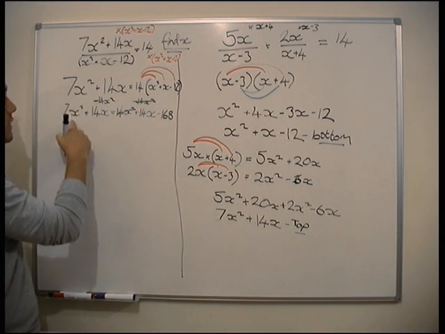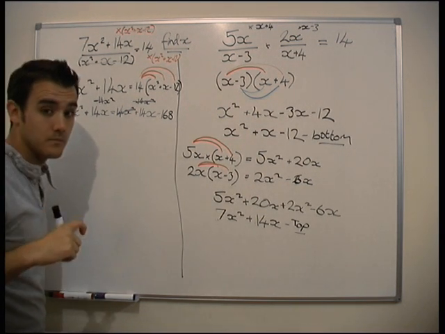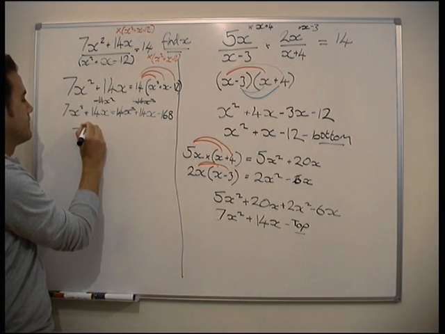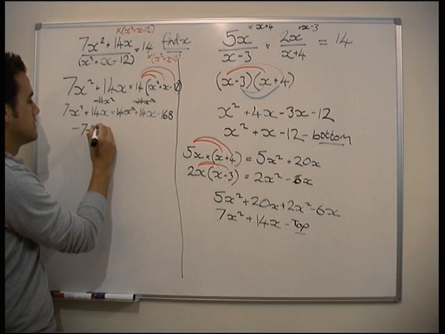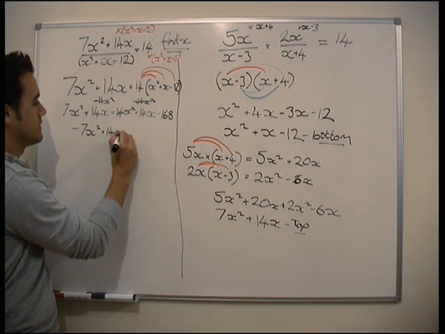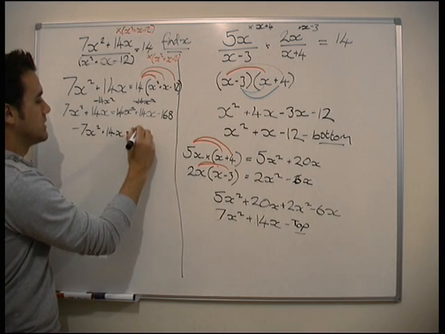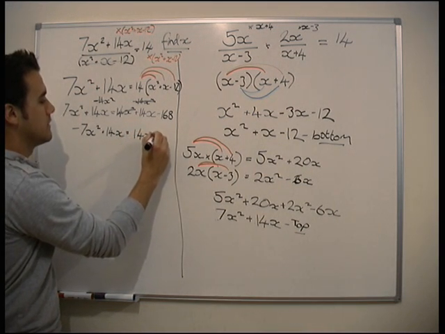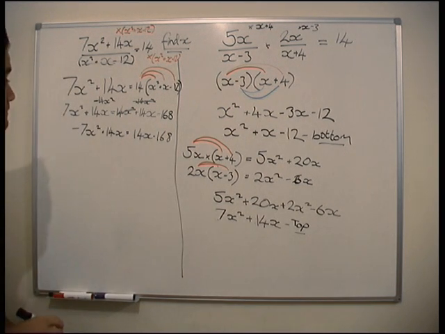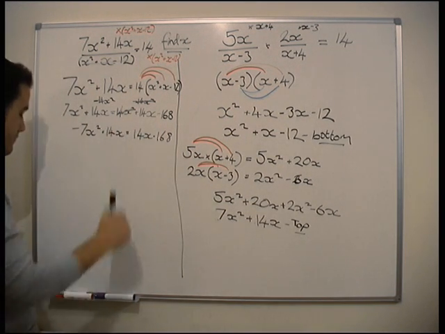I end up with 7x squared minus 14x squared. What's that going to give us? It's going to give us minus 7x squared plus 14x equals 14x minus 168.